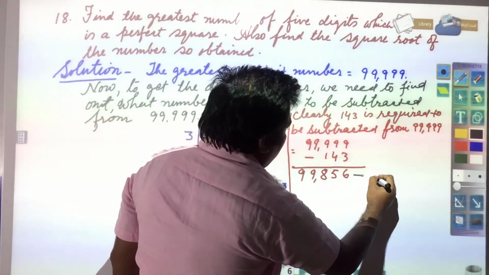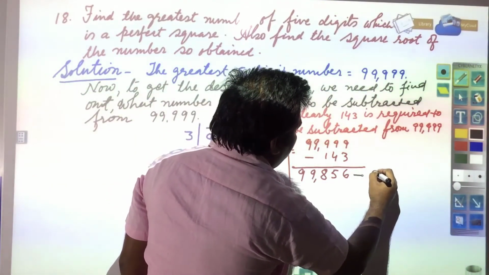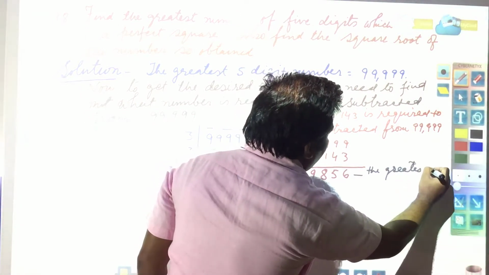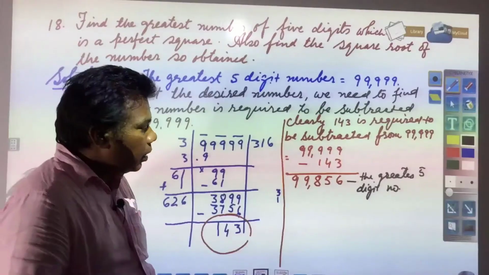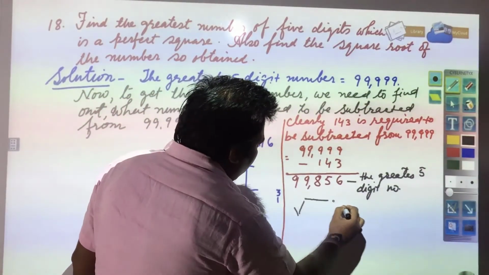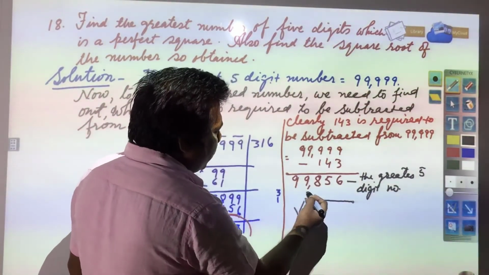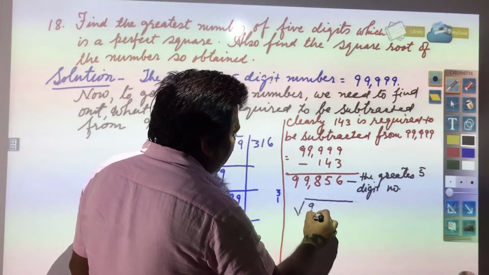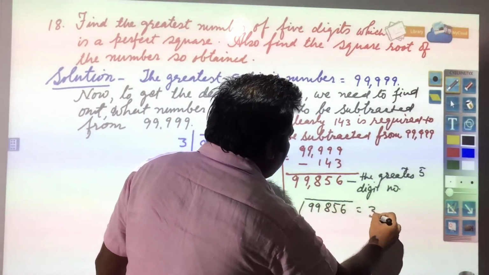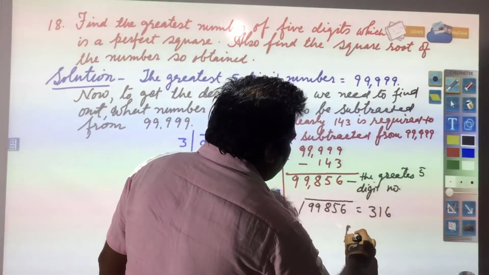So, this is your answer. The perfect square root of your perfect square number 99,856 will be 316 and this will be your answer.